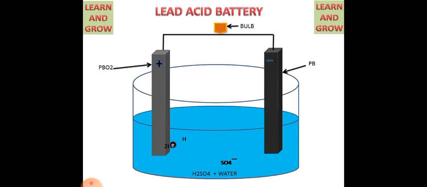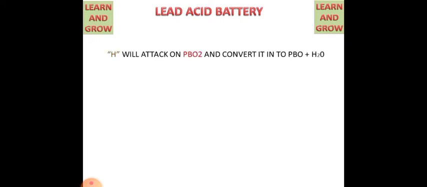So obviously positive charge is going over there. So hydrogen will attack PbO2 and convert it into PbO plus H2O. Water is removed in it.